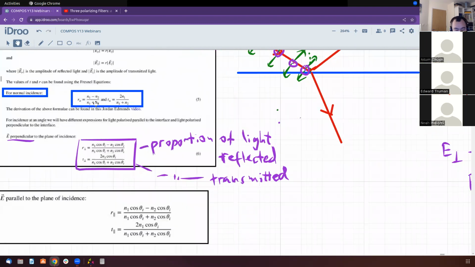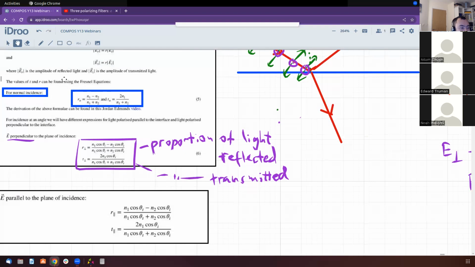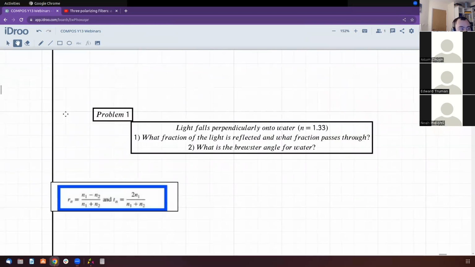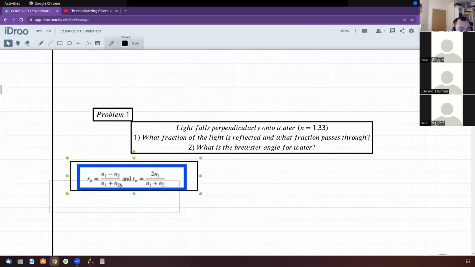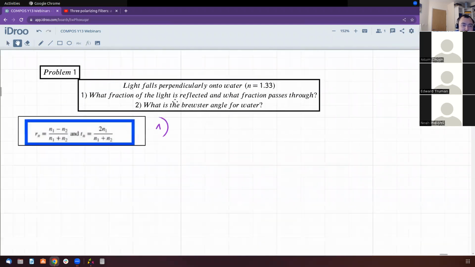So let's use these formulae to solve question 1a. Well, 1-1, technically. So what are we dealing with? Light falls perpendicularly onto water.